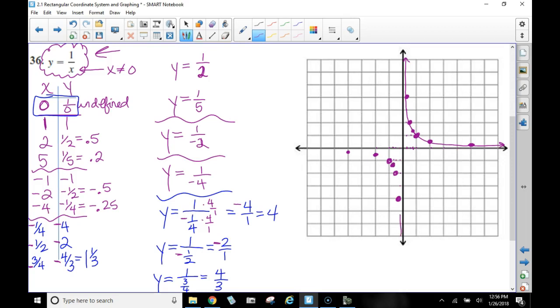So I get another little curvy looking shape down here in the third quadrant. I'm going to draw arrows on the ends of my graphs here to show that that would keep on extending in that direction that I'm pointing toward. That's one thing you do to graph. And then the last thing you do in graphing an equation is you label it with its formula. y is equal to 1/x.